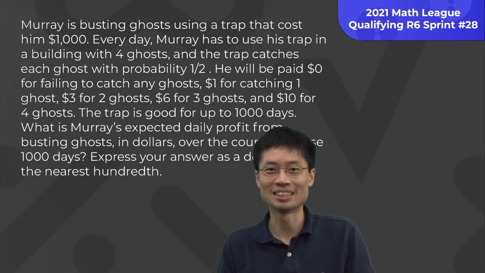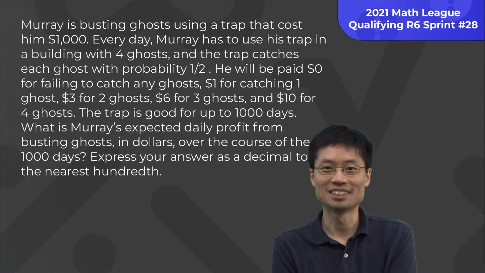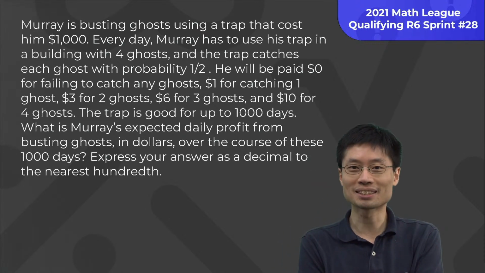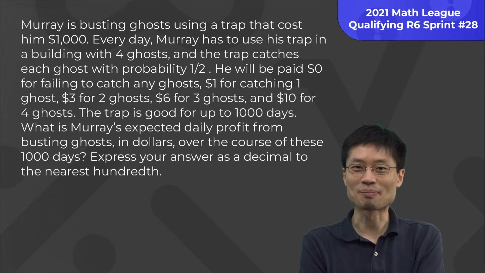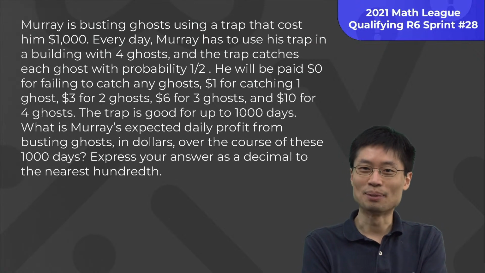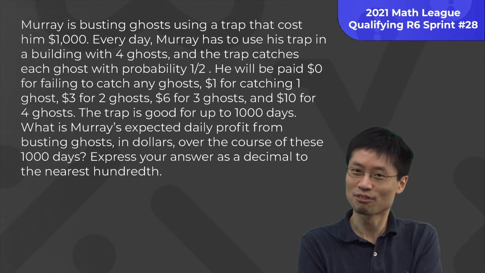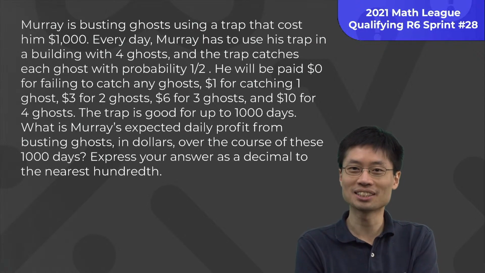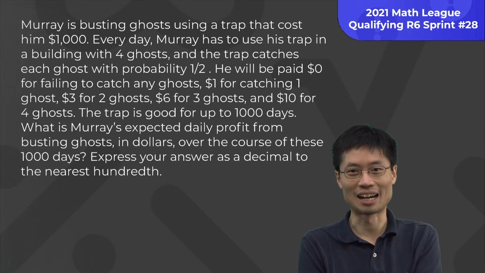Whoa, time to read a question. Question 28. Murray is busting ghosts using a trap that costs him $1,000. Every day, Murray has to use his trap in a building with 4 ghosts, and the trap catches each ghost with probability 1/2.